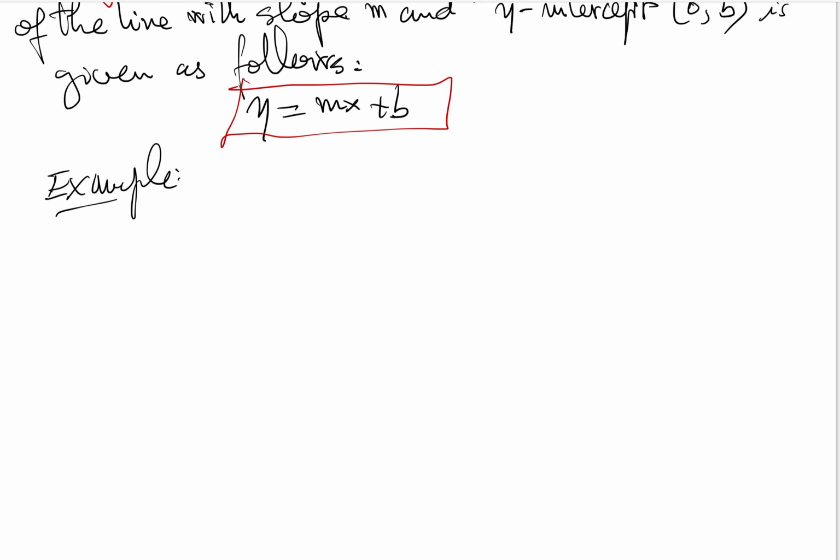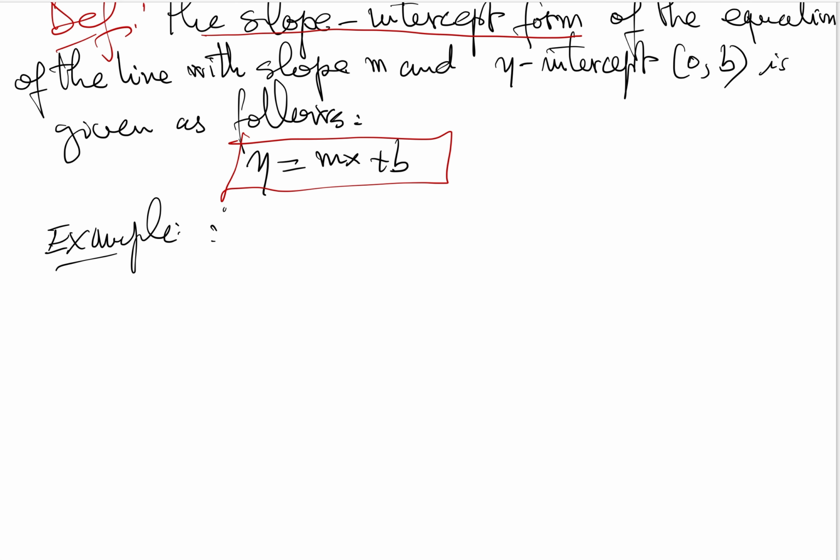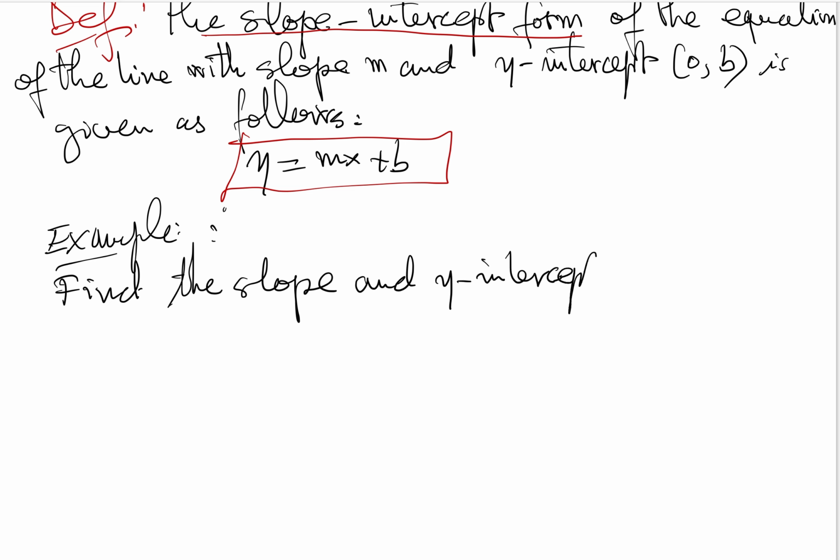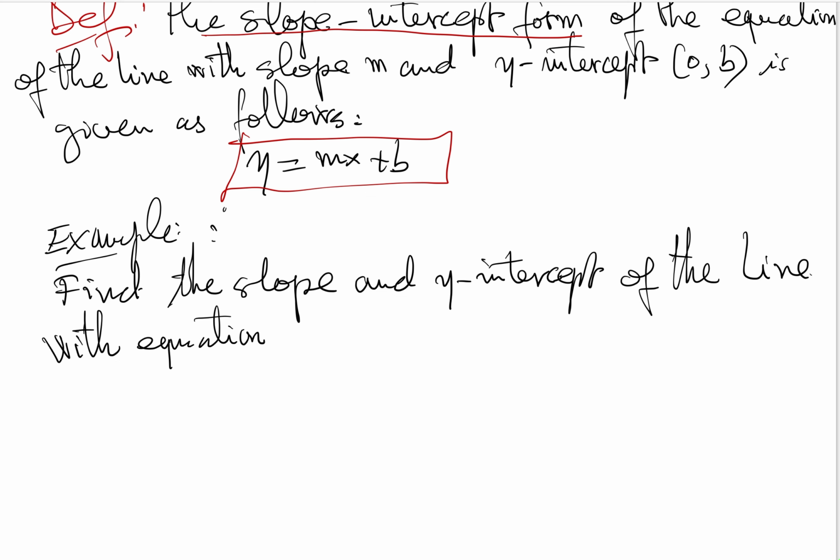So example, if they ask you to find the slope and y-intercept of the line with equation 4x plus 5y is equal to -10. Okay.